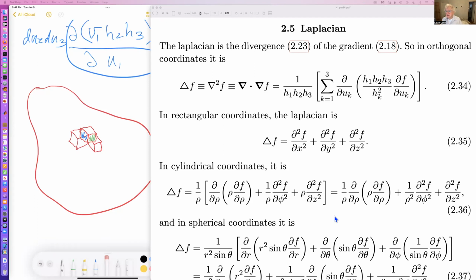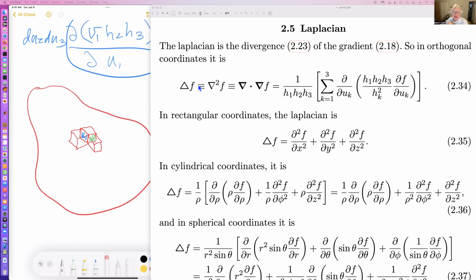The Laplacian now is the divergence of the gradient. So in orthogonal coordinates, it is grad squared on f. What it really is, is the divergence of the gradient. And then we rewrite that as grad squared, meaning grad dot grad.